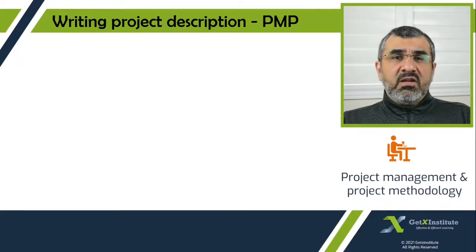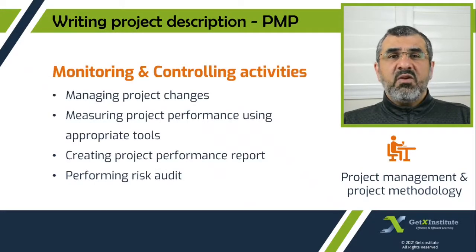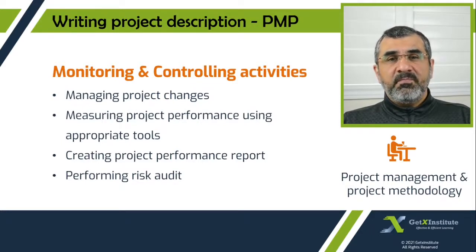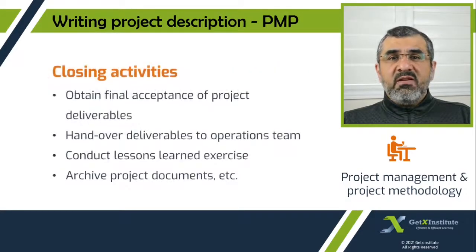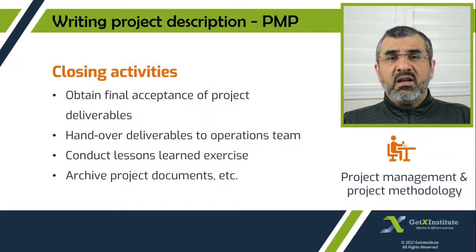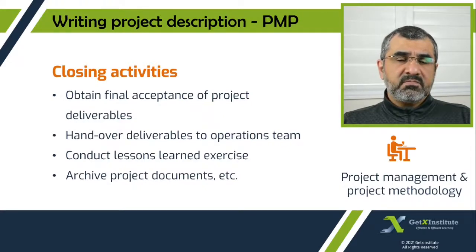Then comes monitoring and controlling examples: managing project changes, measuring project performance using appropriate tools, creating project performance report, and performing risk audit. And the last ones are closing examples: obtain final acceptance of project deliverables, hand over deliverables to operations team, conduct lessons learned exercise, and archive project documents.